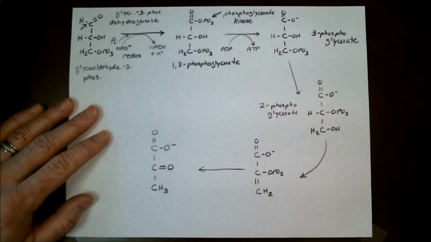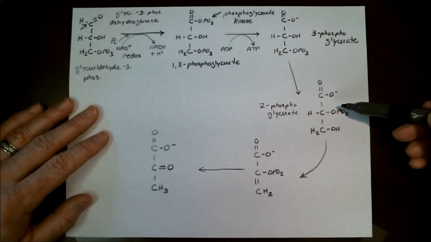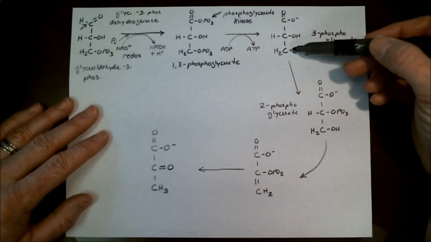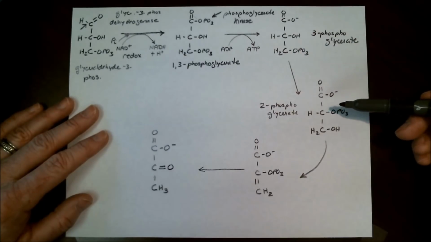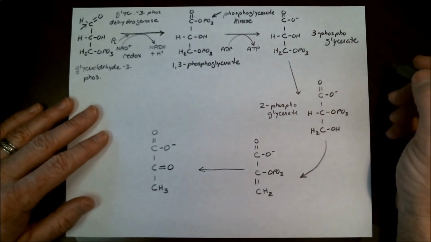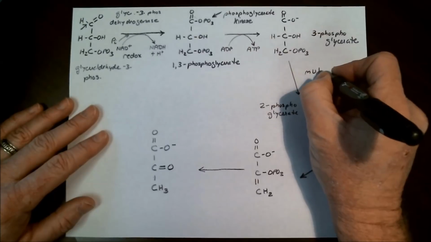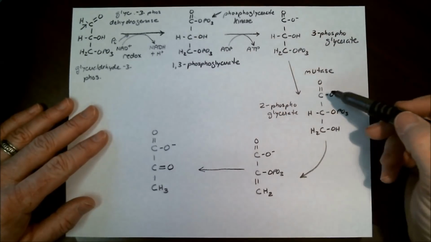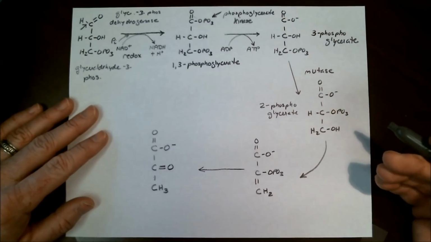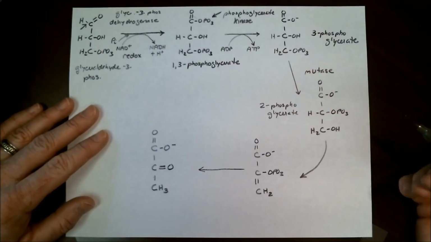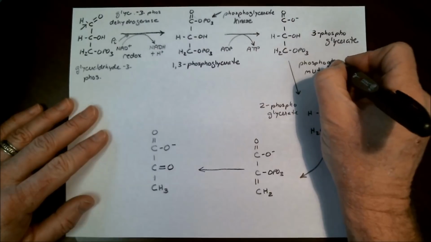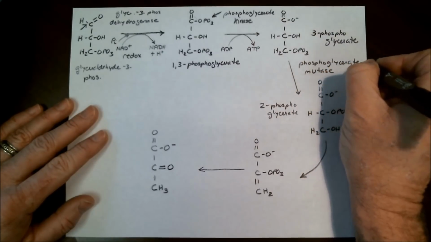Now in this case, we have not an isomerization reaction, but simply moving a functional group, this phosphate group, from number 3 to number 2 carbon. So the enzyme class of this is still part of the isomerase family, but it's called a mutase. And a mutase, generally in our reaction schemes we'll be talking about, moves a phosphate group from one carbon to another. In this case, the enzyme is called phosphoglycerate mutase.